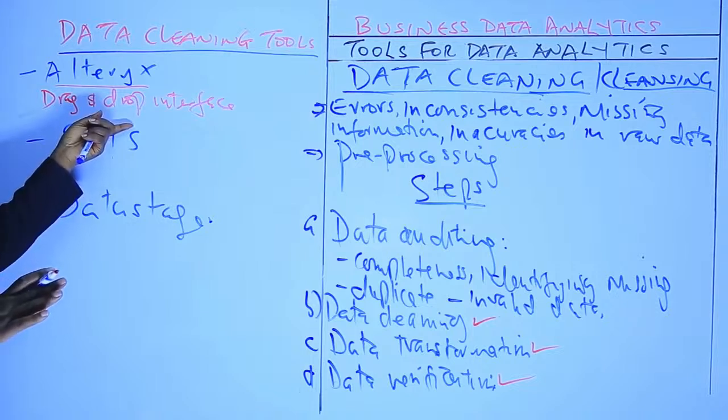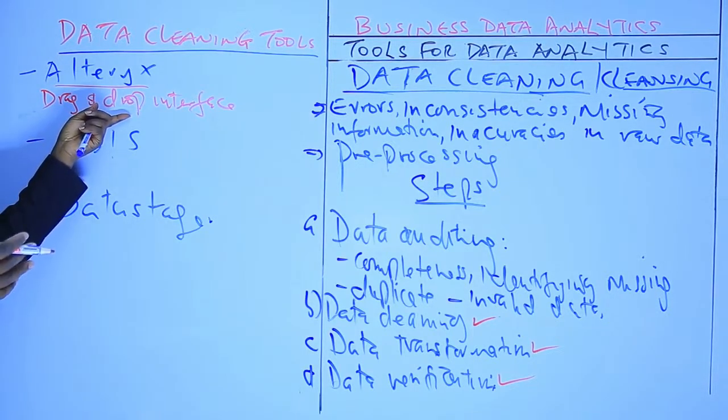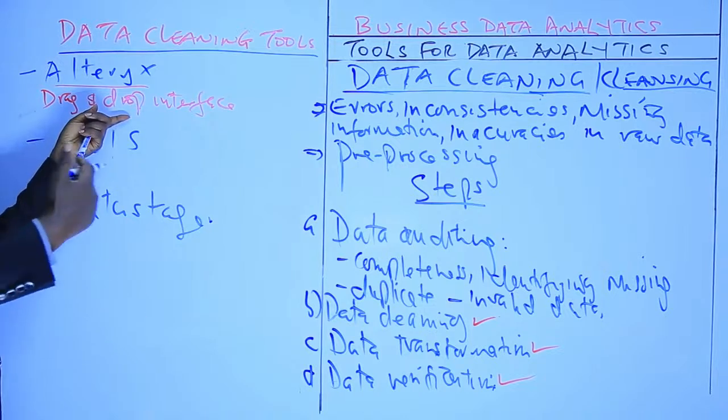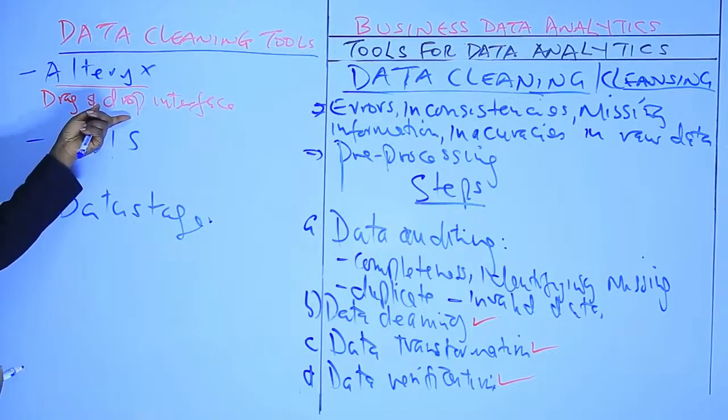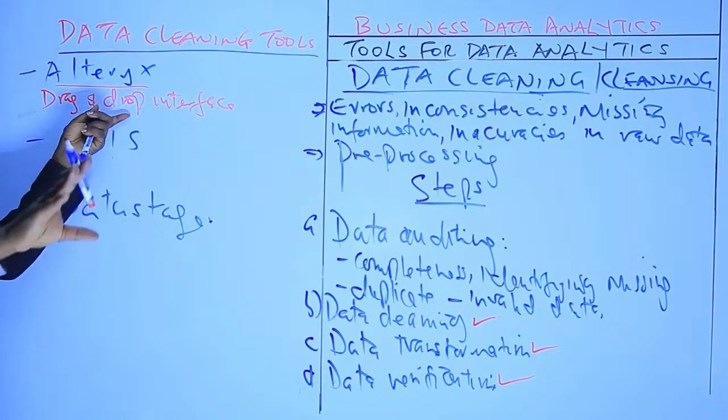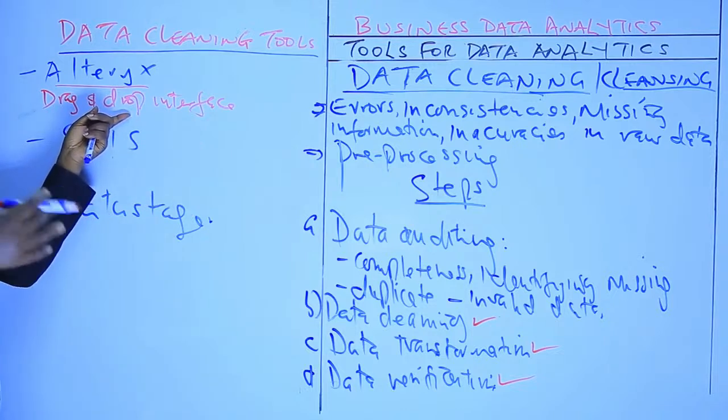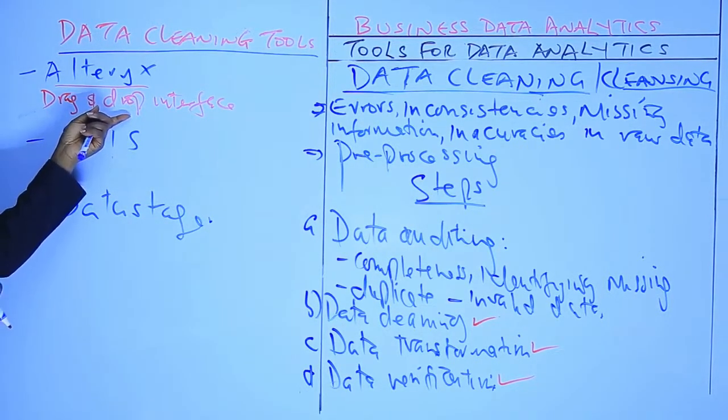So the Alteryx platform allows users to connect to various data sources, including databases, cloud applications, and spreadsheets. Users can then use the Alteryx drag and drop interface to transform and clean data. They can also use it to join multiple data sets and then create analytical models.